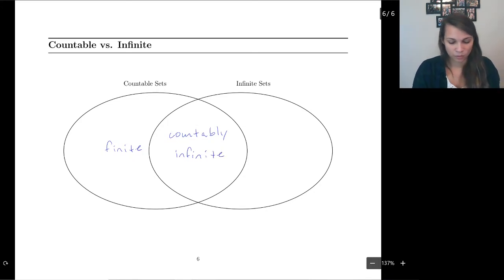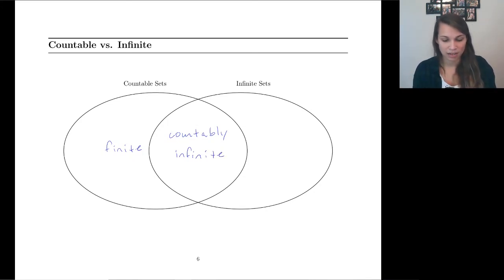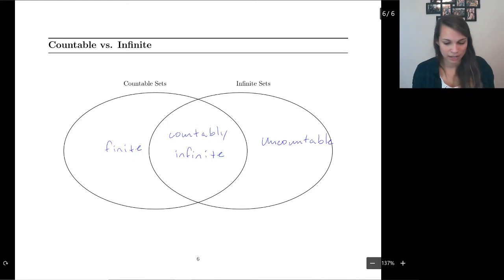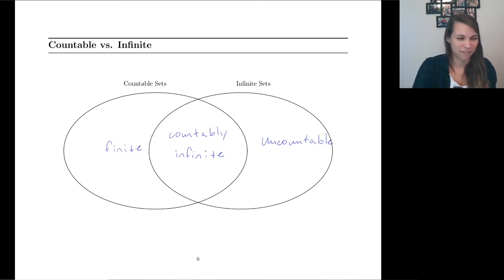And then things that are outside of the world of countable sets, those are all going to be uncountable. So if you are talking about a set that is not countable, it has to be infinite. Can't have a finite set that's uncountable. That we can count that stuff.